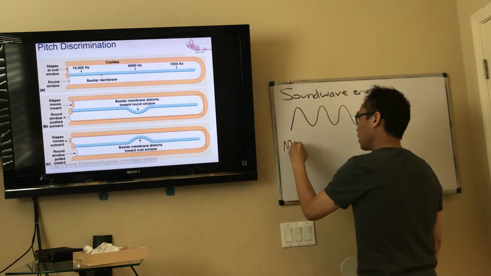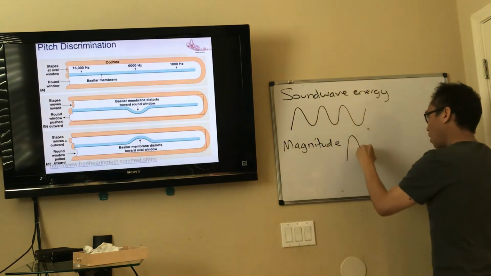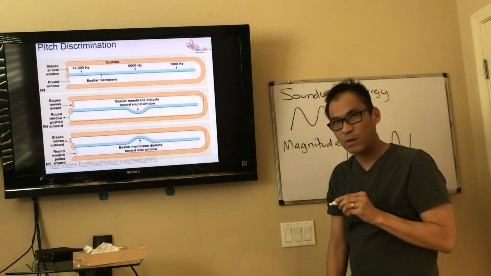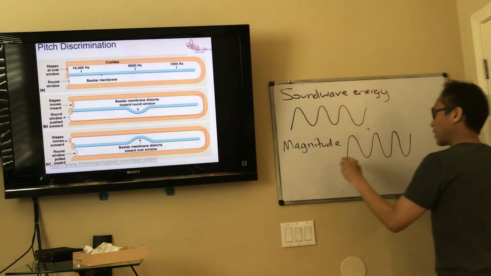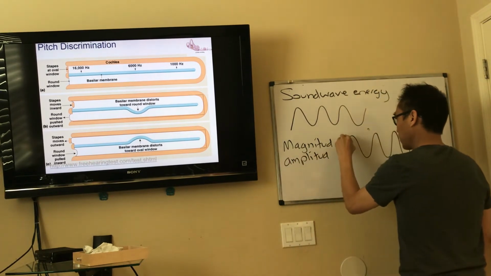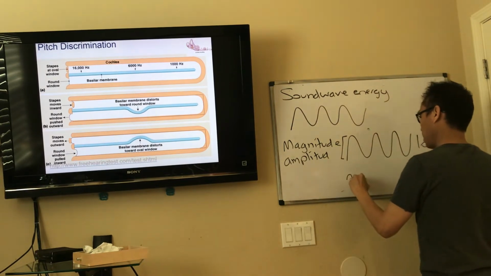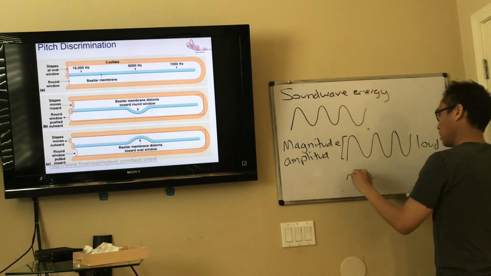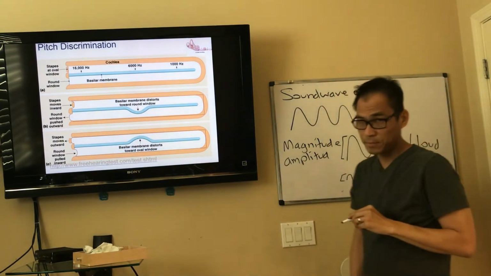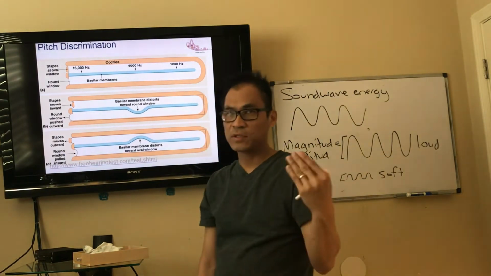Start with magnitude. If the sound wave is large, we perceive that as loud. Magnitude, or sometimes they call it amplitude, just from this to there. That would be loud. But this would be soft or quiet. Just big versus small. That energy is perceived as loud versus soft.